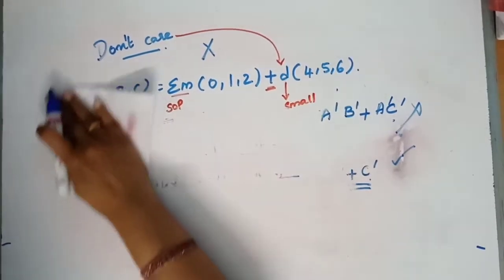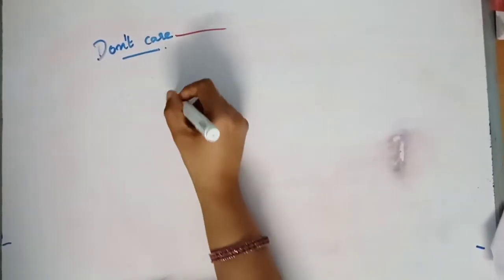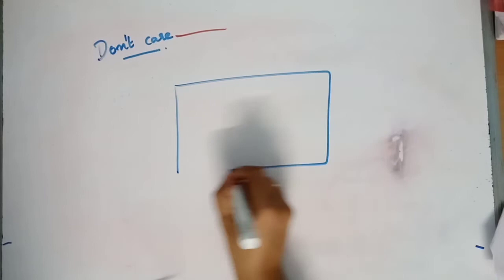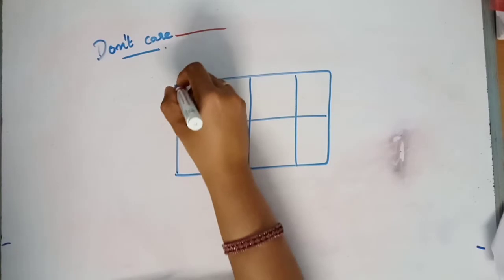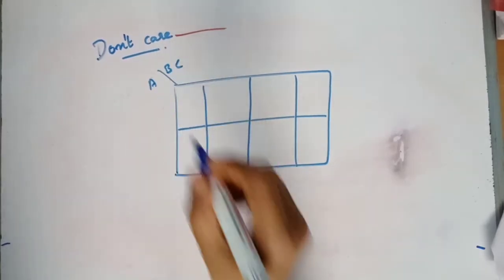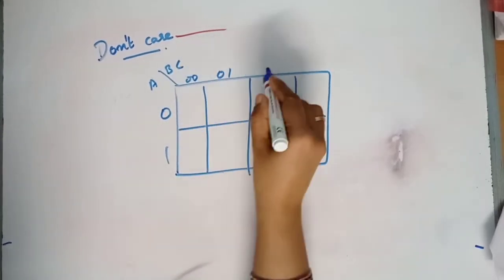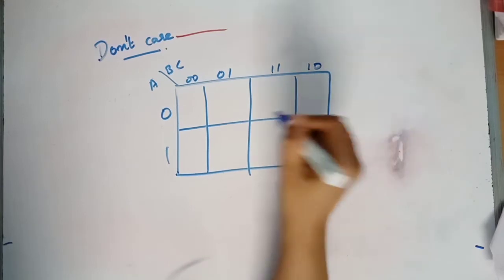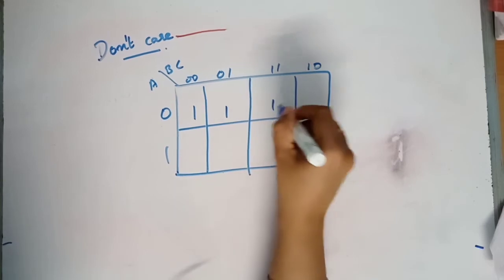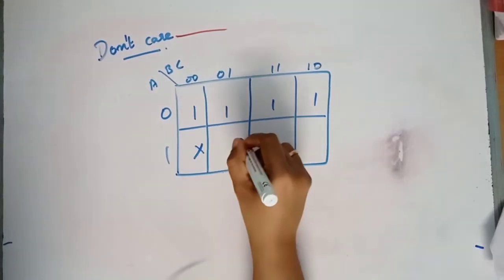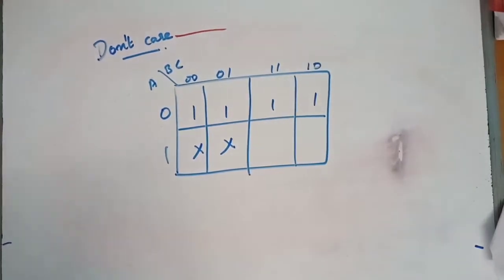For example, suppose we had this, 0 1 0 0 0 1 1 1 1 0. So suppose this is the question.